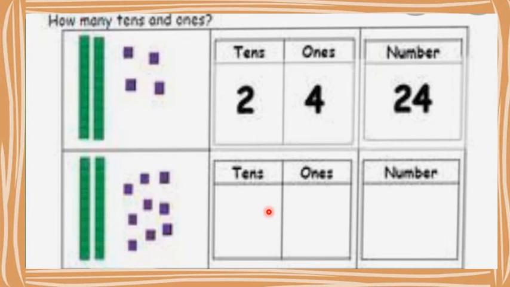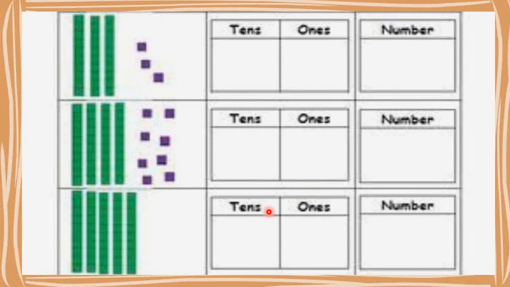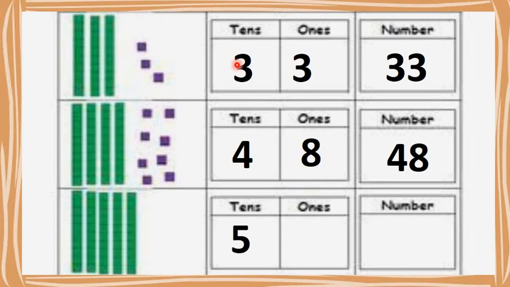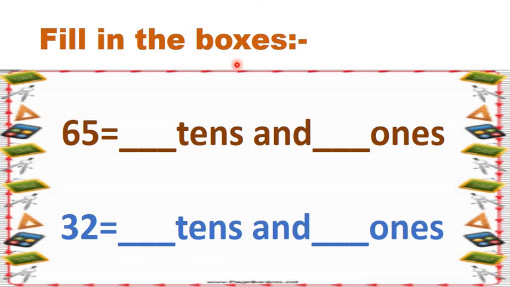Then we make exercise of tens and ones. How can we write numbers in the column of tens and in the column of ones? And how can we form the numbers with the help of tens and ones? After that, we make practice of fill in the boxes.